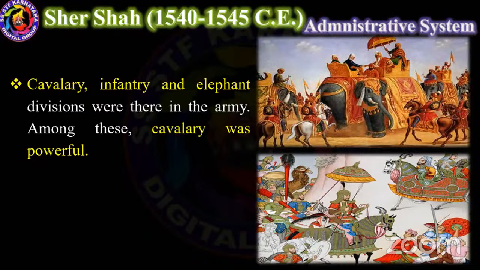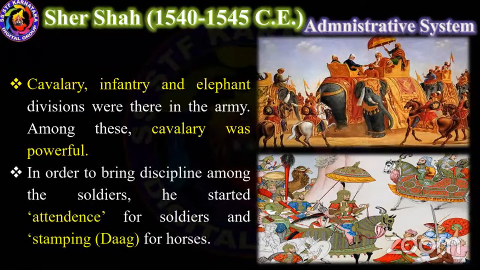Among all these, cavalry was powerful. It means the horse army was most powerful during the period of Sher Shah Suri. In order to bring discipline among the soldiers, he started attendance, during the 16th century.